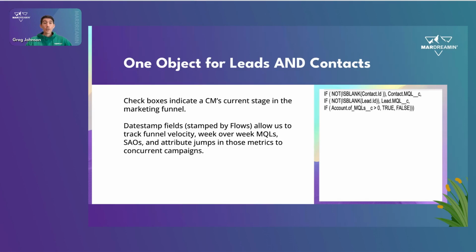So on the date that Angelica becomes an MQL, that box is checked and the date is stamped. And by looking at those date stamp fields, we can now create week over week and month over month reports of how many MQLs, how many SAOs we have, and show that in one clean view.